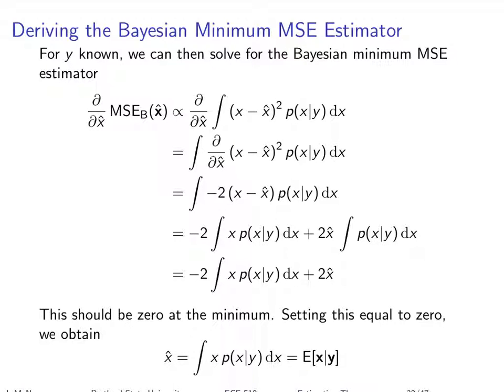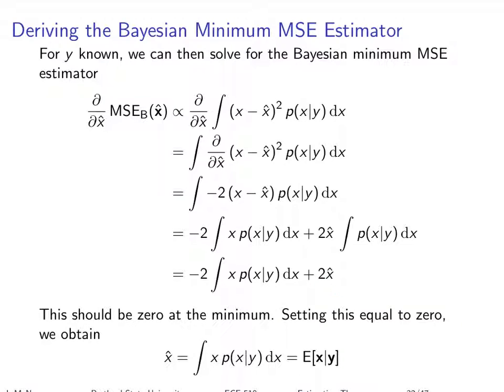If you look carefully at what we're left with on this line, this second term over here is just an integral of a probability over dx. Because this is a PDF, it always has an area of 1, and so this whole term goes away because it's just equal to 1. We're left with these two terms.